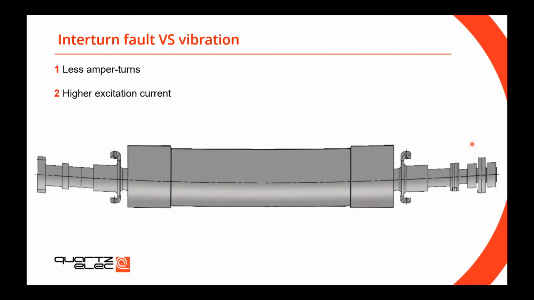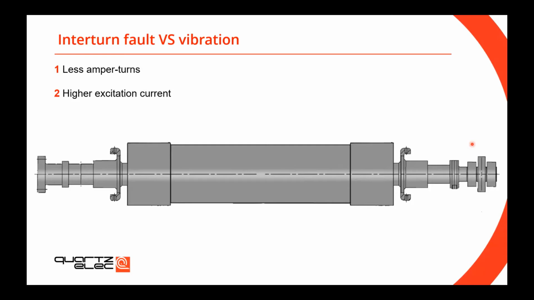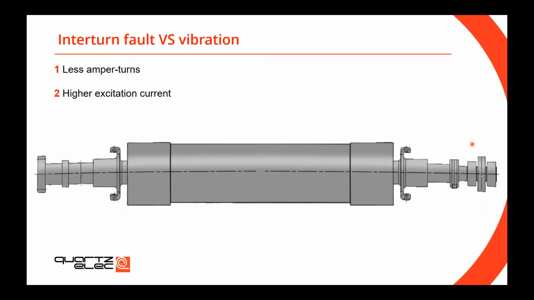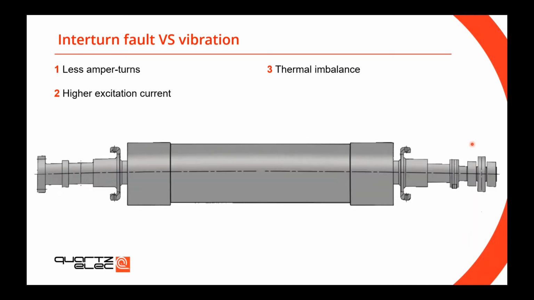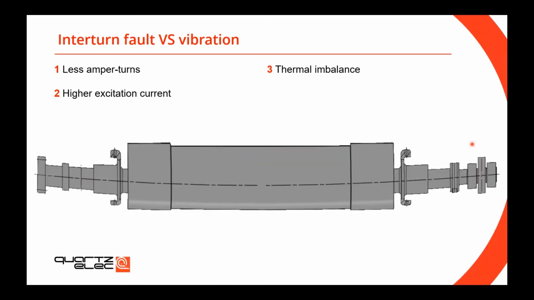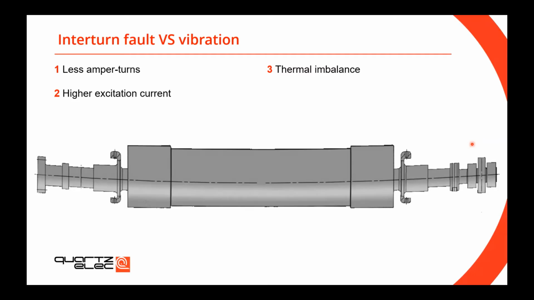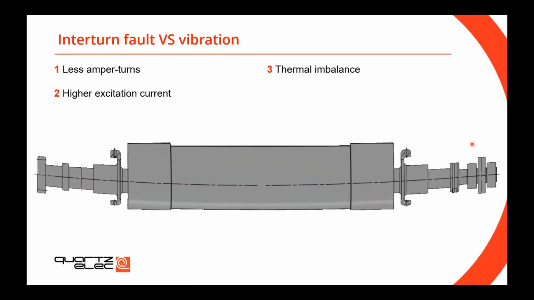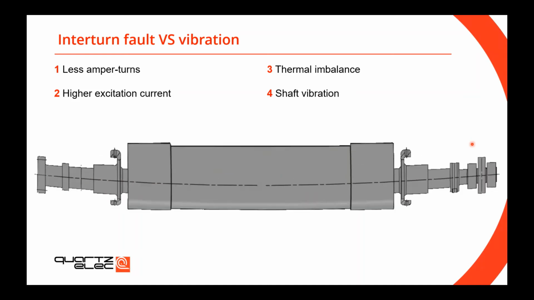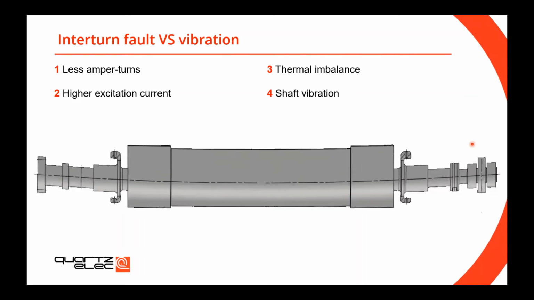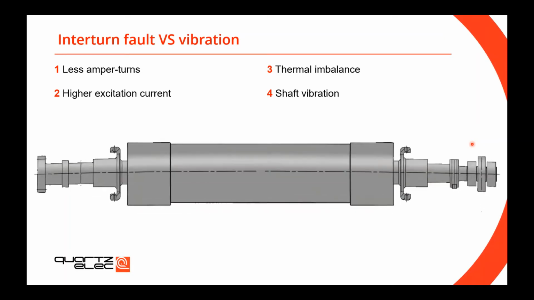Then your AVR system or your control system will require higher excitation current to obtain the same flux. As a consequence, you're going to end up with a thermal imbalance, because one pole with shorter turns will see hot spots where the other one will be cooler. So you have that banana shape going on, and then you will end up with the shaft vibration.